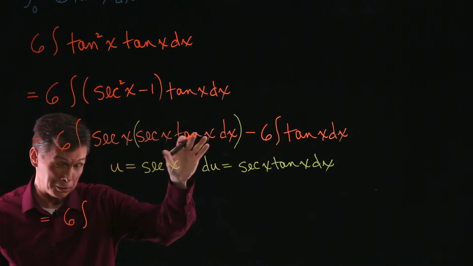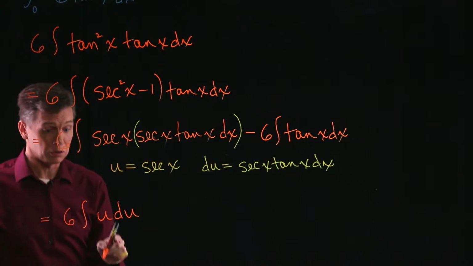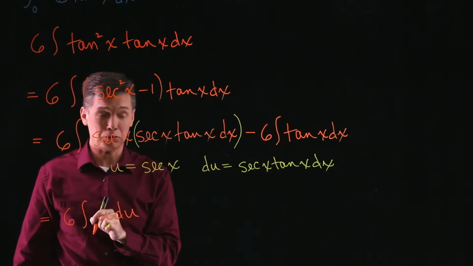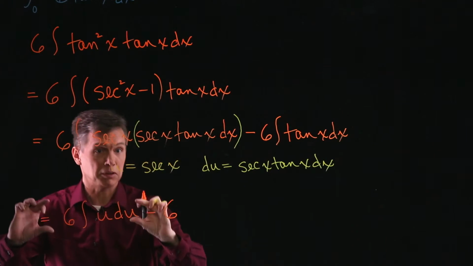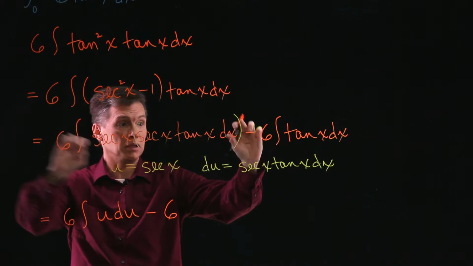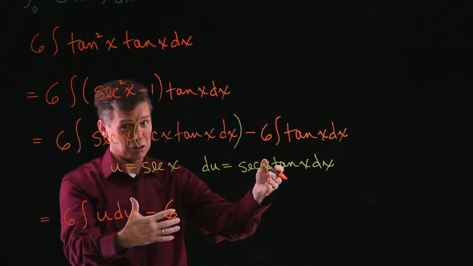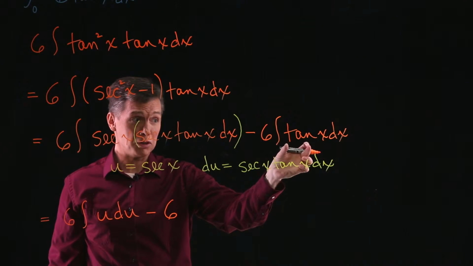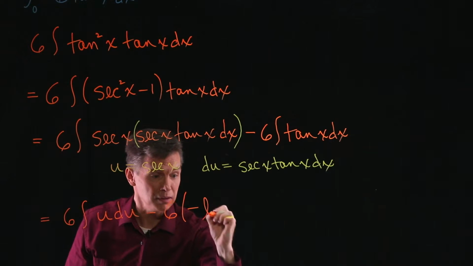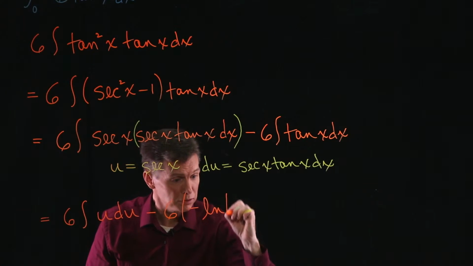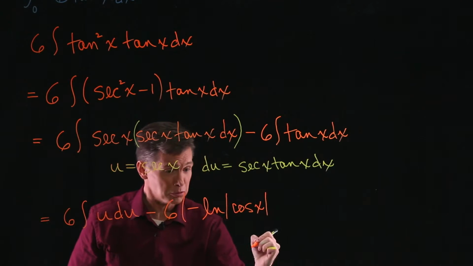That's all disappearing nicely as my du. So that integral is about as friendly as we can ask for, right? Okay, and then minus 6, because that was all just this one integral, and I'm picking up right there, minus 6. I stalled as long as I could. You should know the integral of tan x. That is minus natural log of cosine of x in absolute values.